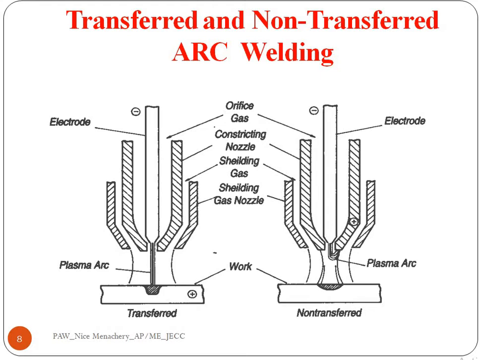In the first type, the transferred arc welding process, the negative terminal is connected to the electrode and the workpiece is connected to the positive terminal. In the second type, the non-transferred type, the electrode is connected to the negative and the constricting nozzle is connected to the positive. This is the basic difference in the connection of these two types.